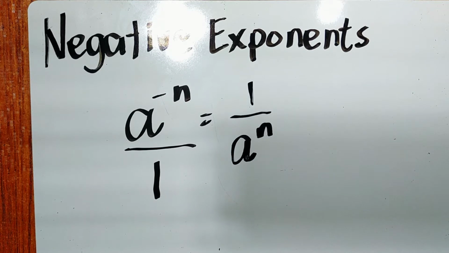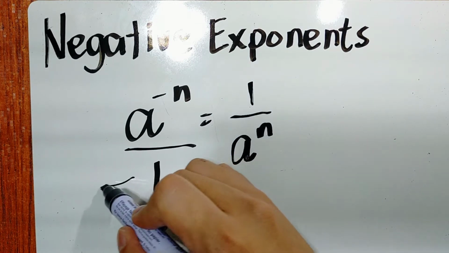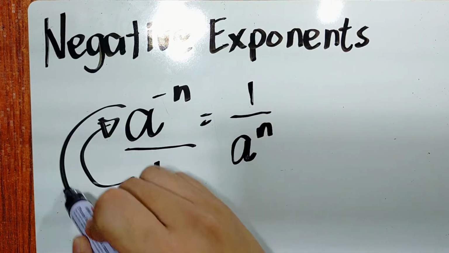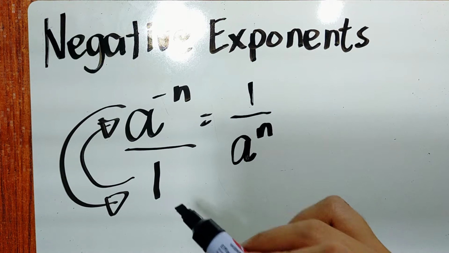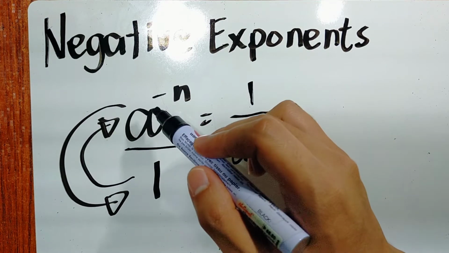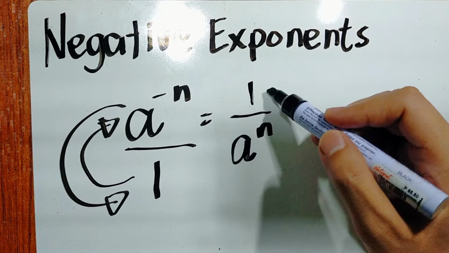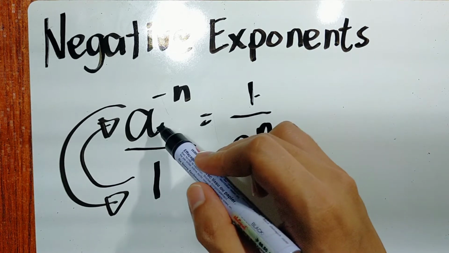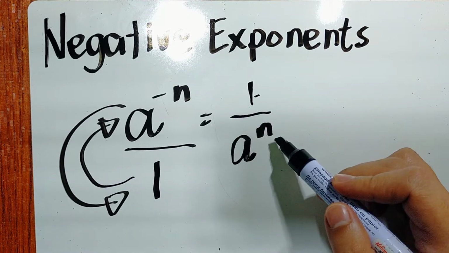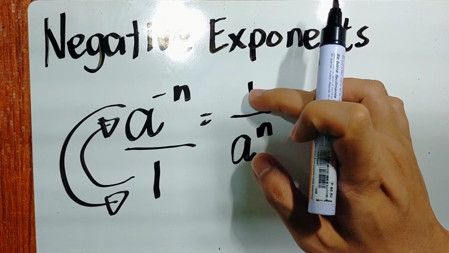Okay? Yung reciprocal. Ang gagawin lang po, pagbabaliktarin natin sila. Kung ano yung nasa numerator, ibababa natin. Kung ano yung nasa denominator, itataas natin. So, that would be 1 over yung nasa taas, ibababa natin. That would be a raised to positive n. Naging positive n na po siya.